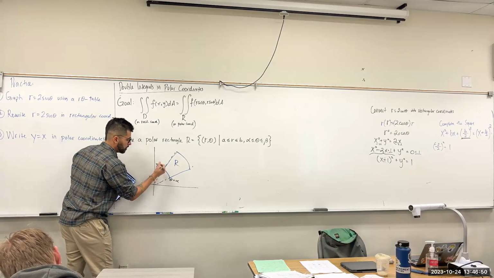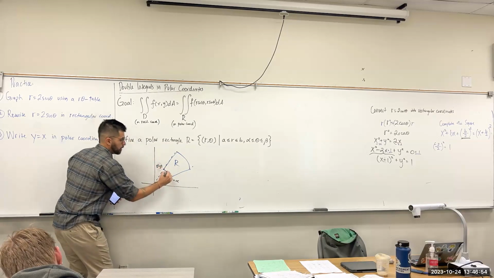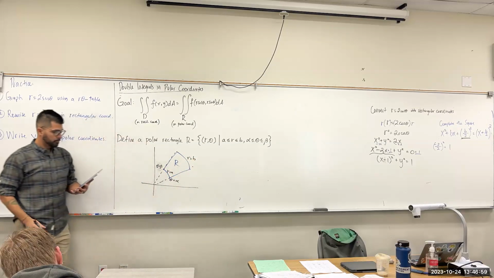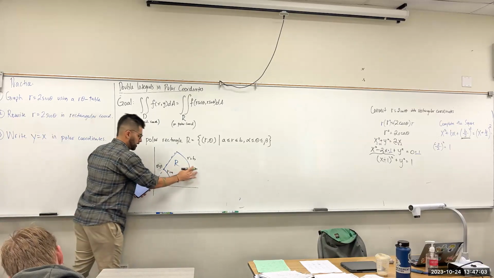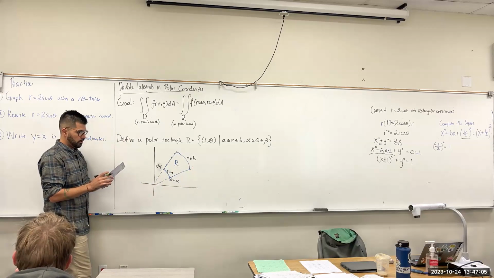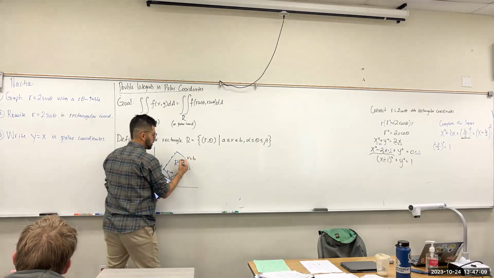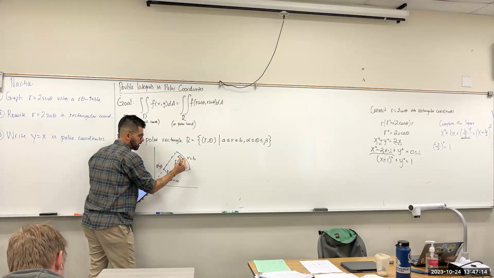Here's the theta equals beta. This is what R equals A, and this is what R equals B. This next part, I'm only going to draw the sub-rectangle of each picture. You're going to get one of these little guys.